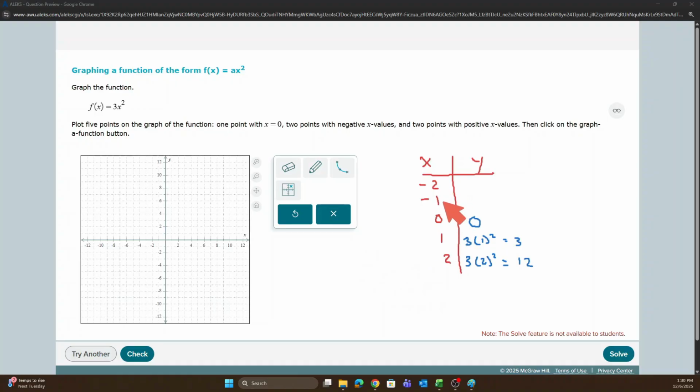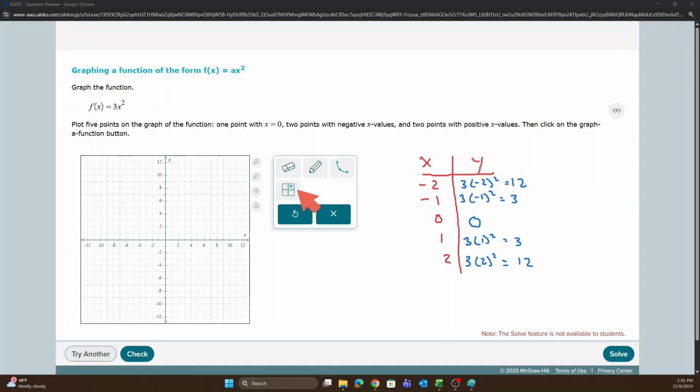Then we have the same thing on the negative sides. Really conveniently, this is actually symmetric, but we'll go ahead and write it out. 3 times -1 squared. That's -1 squared turns into just 1, so that's just 3. 3 times -2 squared is also 12, because -2 squared is 4. The negatives cancel out because of the square.